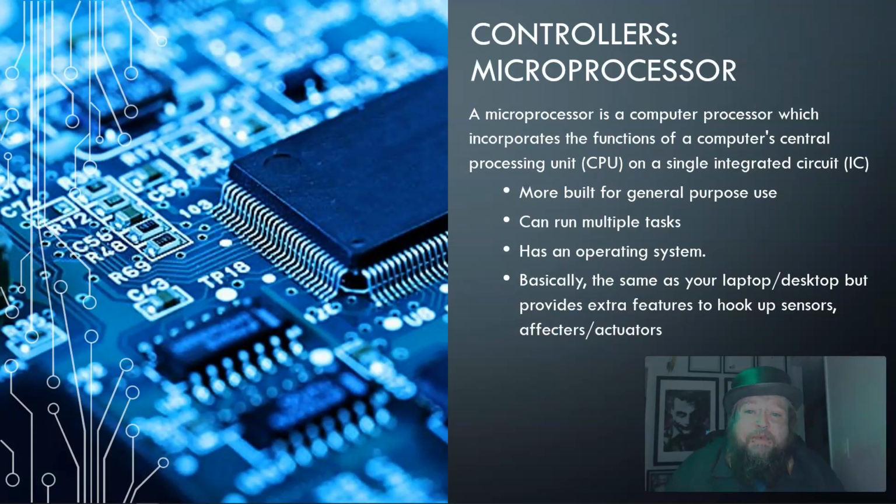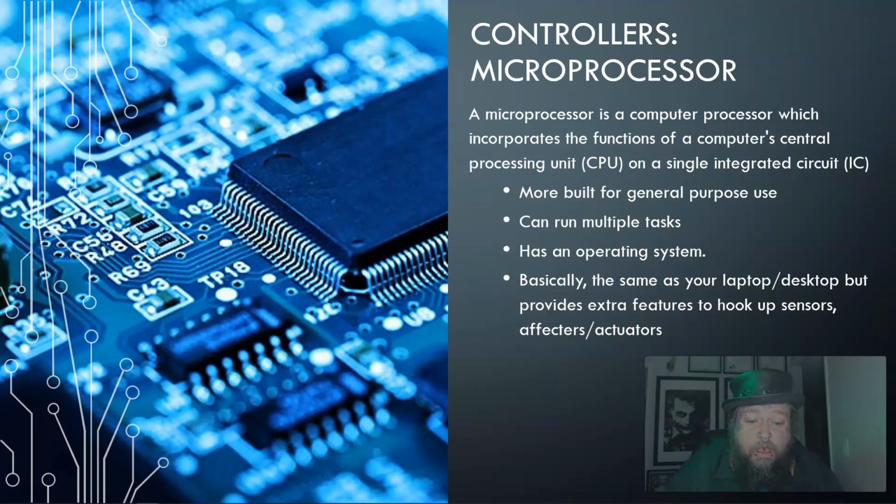Now, that last family of controllers is microprocessors. Microprocessors are basically like your desktop computer. It could be a whole computer, but that's way too large. In general, this is a smaller device that provides a similar environment to what you would expect from a desktop computer or your laptop.